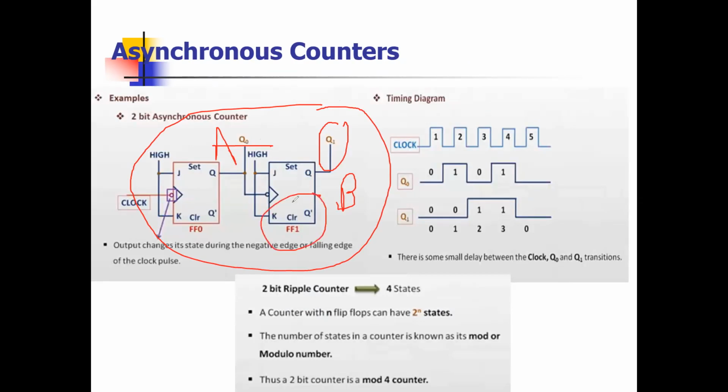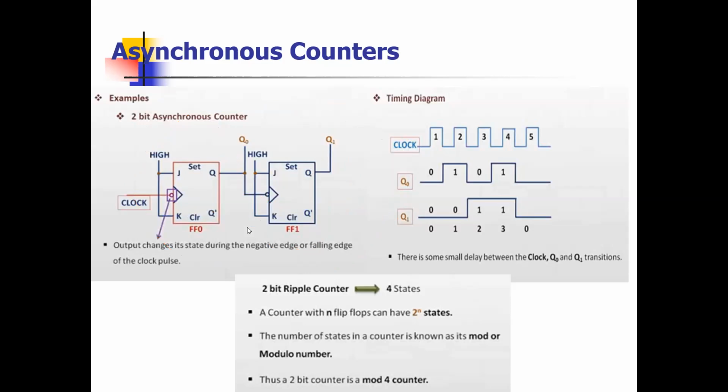The second one depends on the first one. So that means there is some delay. So these types of counter have a disadvantage of delaying because the second flip-flop has to wait for the output of the first flip-flop. Without the first flip-flop results, we cannot get the result of the second. So this is the disadvantage of ripple counter. Clear?